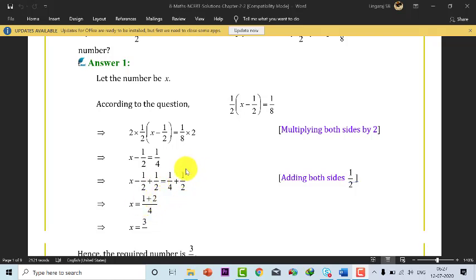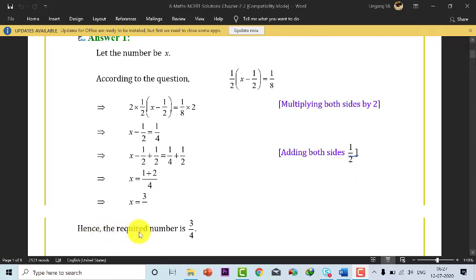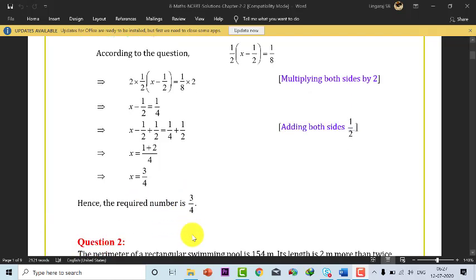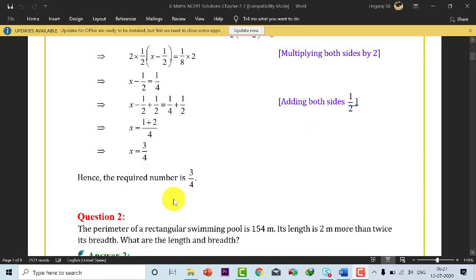So 1 into 2 is 2. Then 1 plus 2 is equal to 3. So we get x equal to 3 by 4. Hence the required number is 3 by 4. So x equal to 3 by 4 we got in the first one.